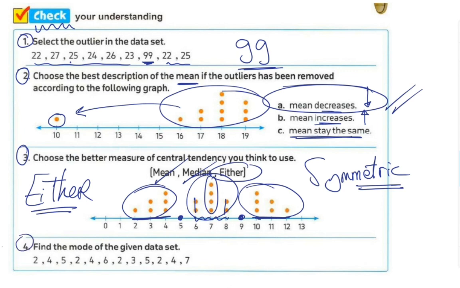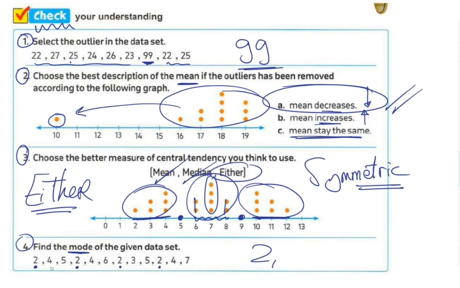Last point we have, find the mode of the given data sheet. I have 2, 4, 5, 2, 4, 6, 2, 3, 5, 2, 4, and 7. Find what? The mode. Okay. I have here 2, and 2, and 2, and 2. 2 is the mode. Just 2. Look.